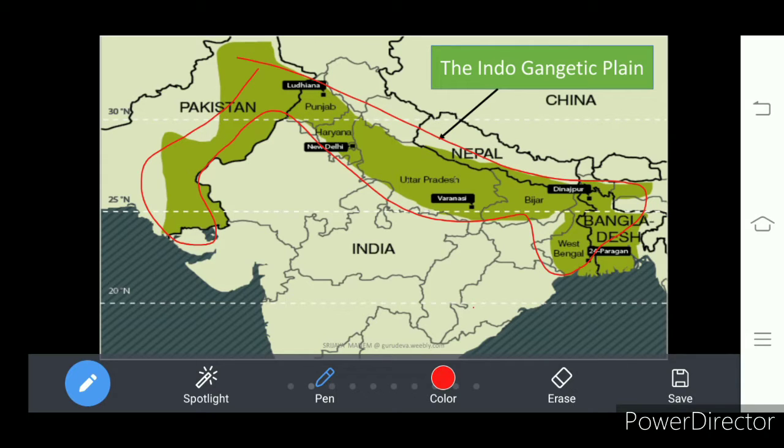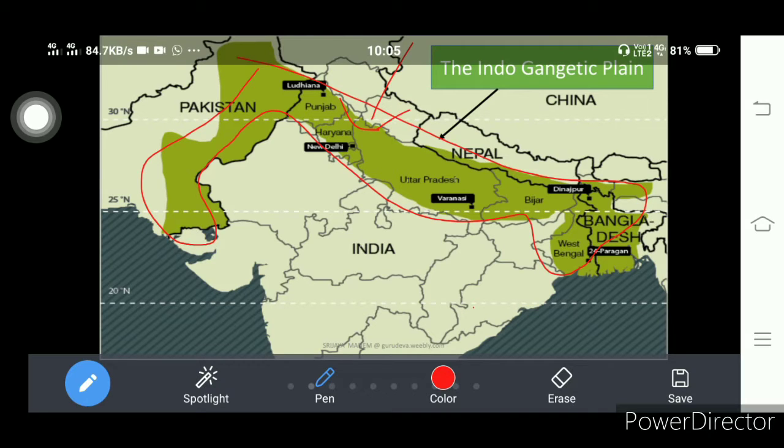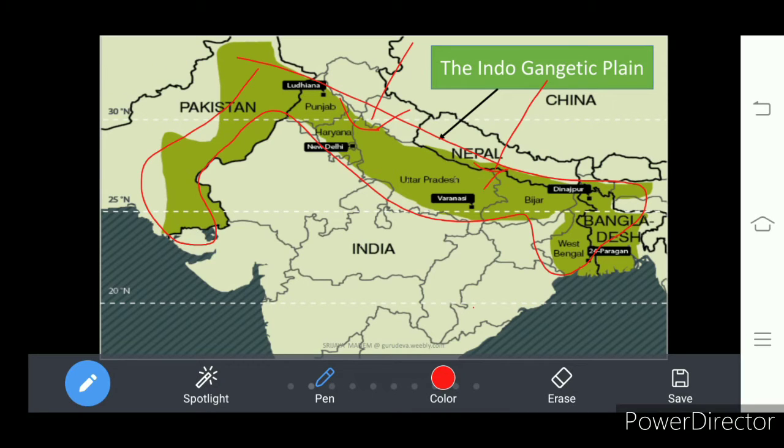This large shallow basin was filled by the silt and sediments brought by the rivers Indus, Ganga and Brahmaputra.